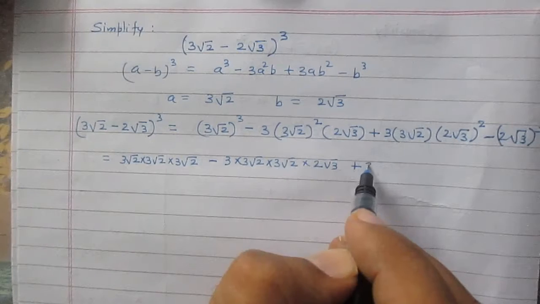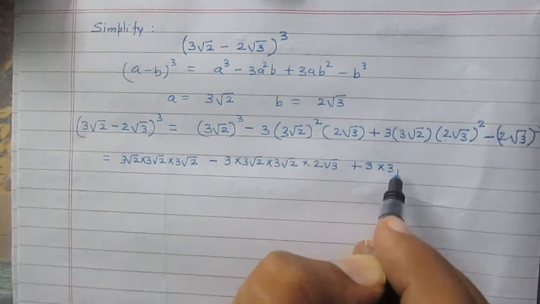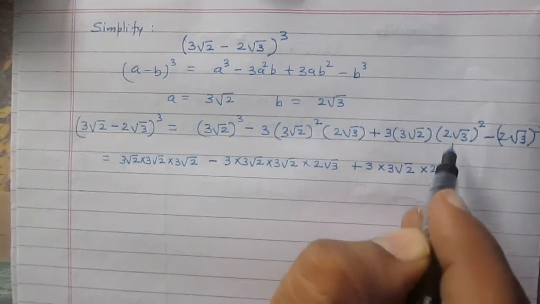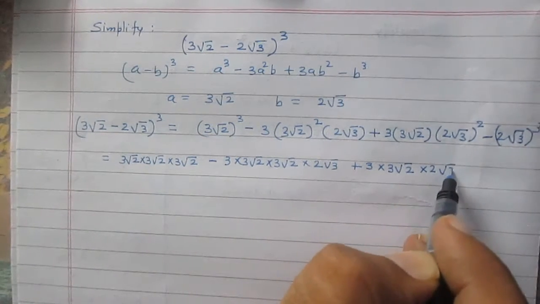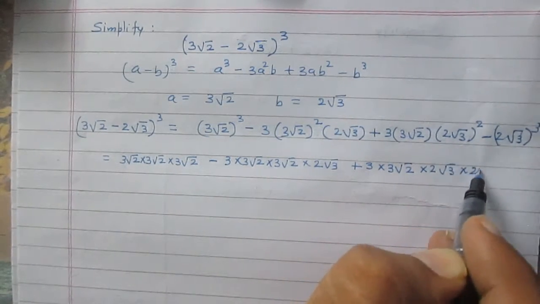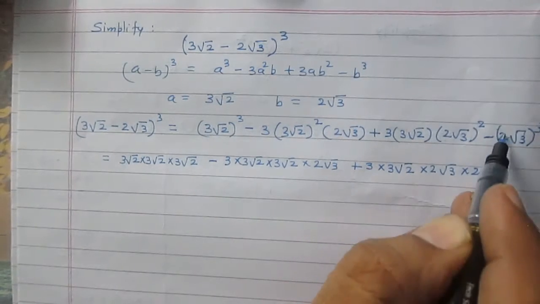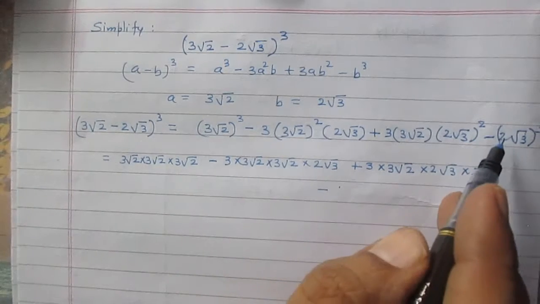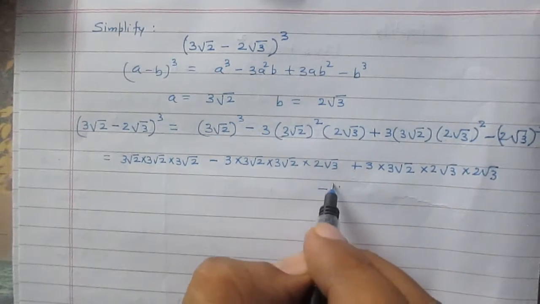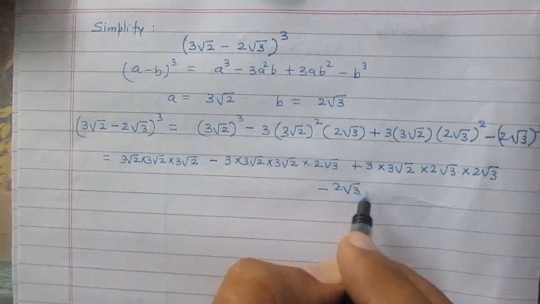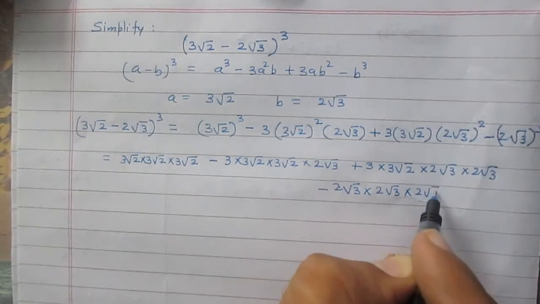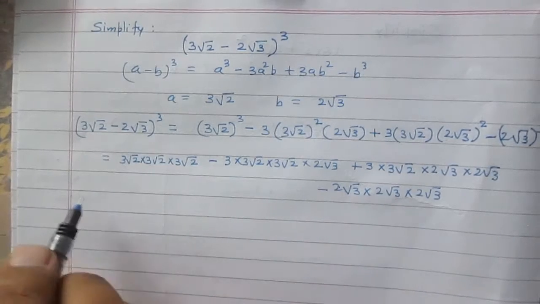The next term is thrice of 3 times √2 and then (2√3)², that is 2√3 multiplied by 2√3, and the last term is minus cube of twice of √3, that is minus 2√3, 2√3 and again 2√3.